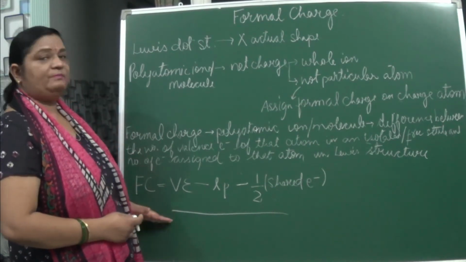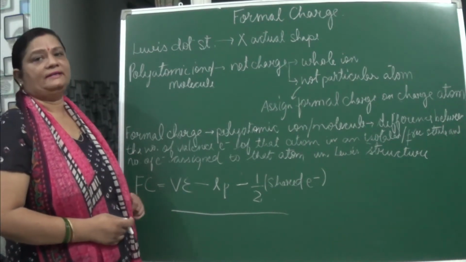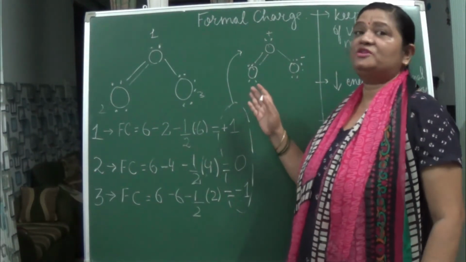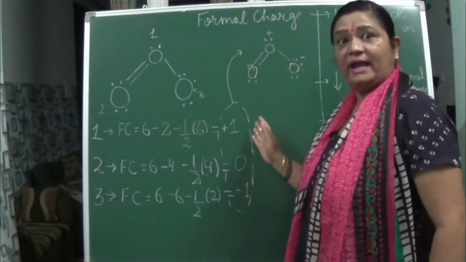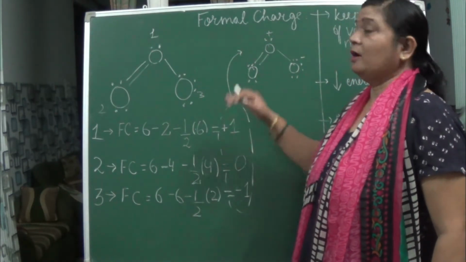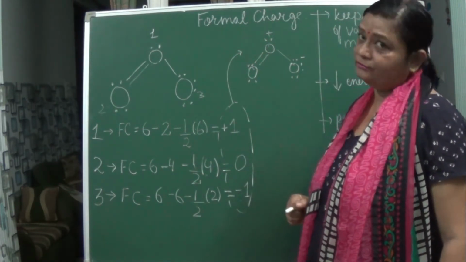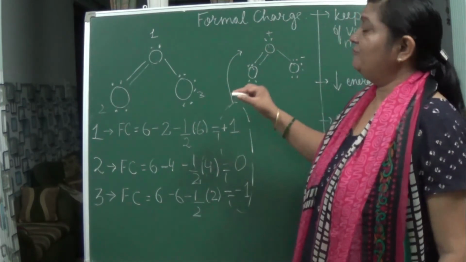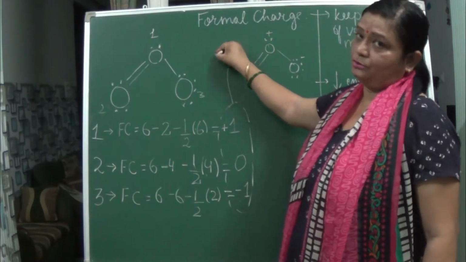This I will be explaining with the help of an example. So, I said to you about formal charge. What is formal charge? How can it be calculated? Now we are going to see with the help of an example. Here I have taken the example of the ozone molecule.